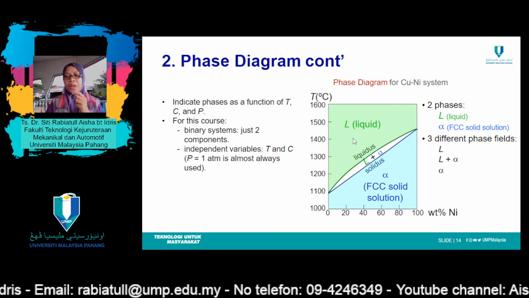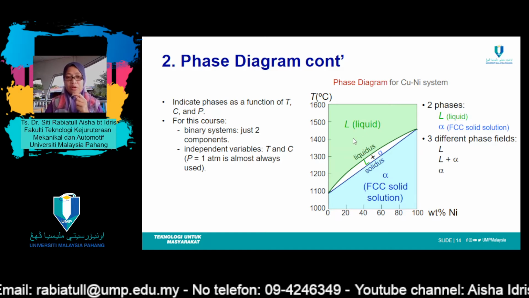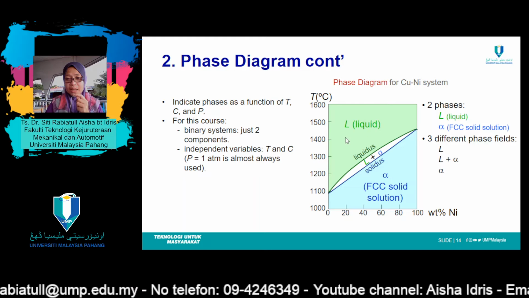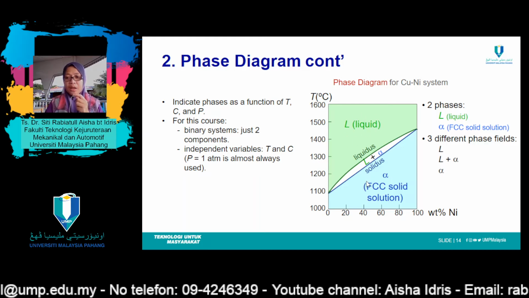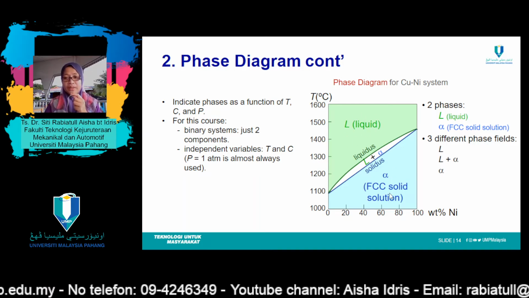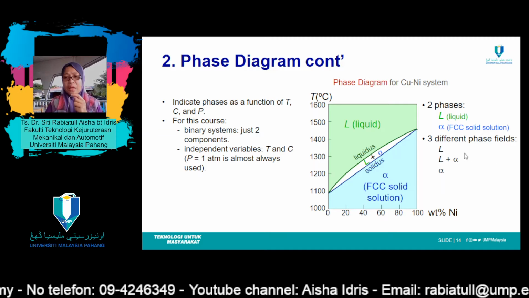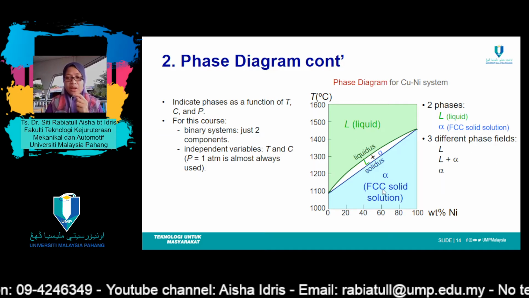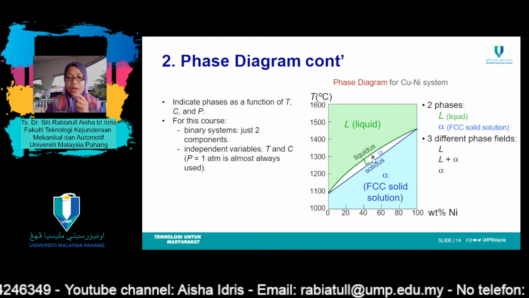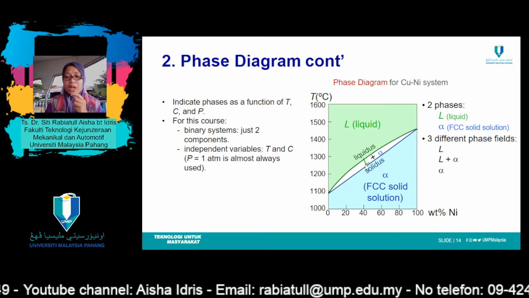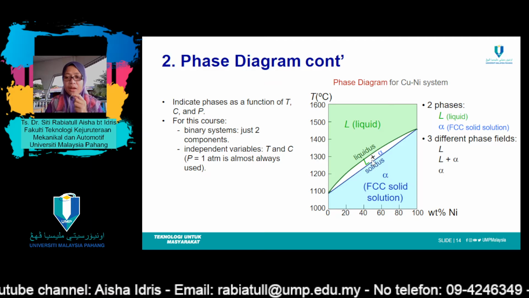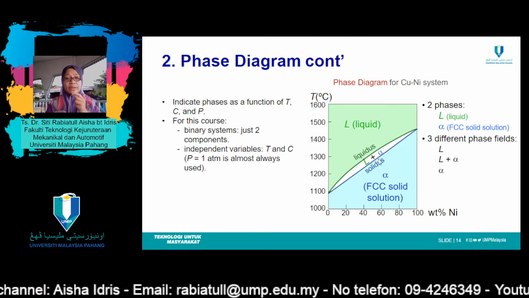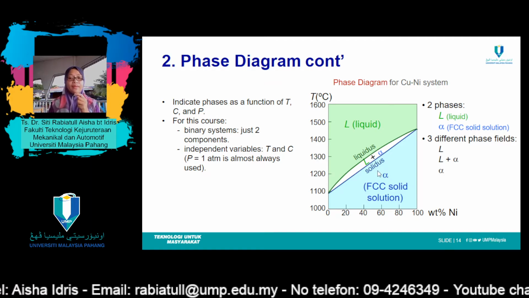There are two phases in this phase diagram, which are liquid, the upper part, and solid, the lower part. However, there are three different phase fields, which are liquid, solid, and in between there is a liquid plus solid.